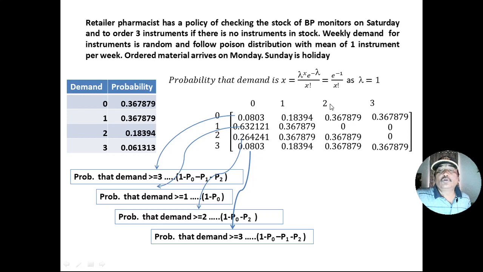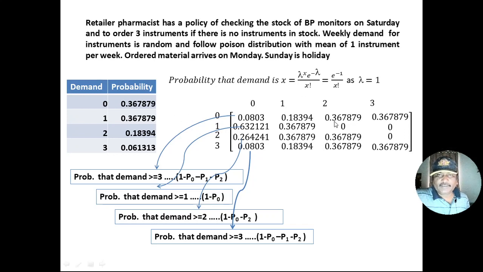From 3 getting converted to 2, all right? That means when I have 0 cameras on Saturday, it will get converted to 3 on Monday. And for getting 2 cameras on next Saturday, I have to sell exactly 1.